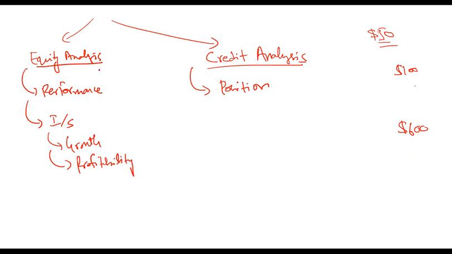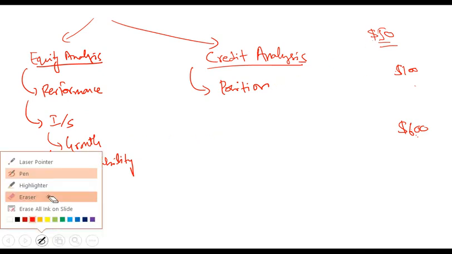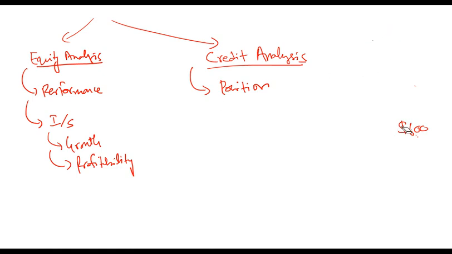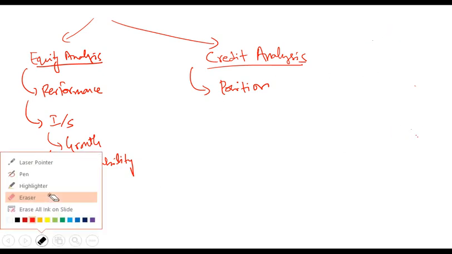That is more relevant for equity analysis. Why? Because for the equity holder, if the company makes 100, that goes to equity. If the company makes 600, 600 goes to equity. Here, no matter how much the company makes, only 50 goes to the credit holder because the loan is $50. So they are more interested in position.